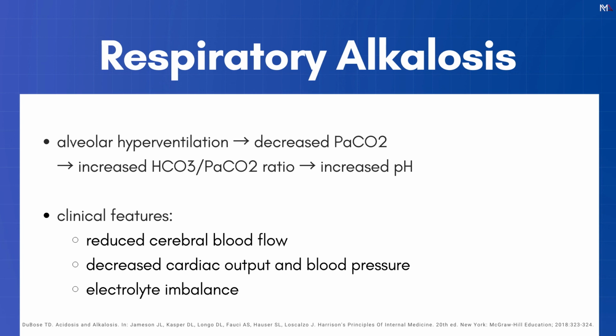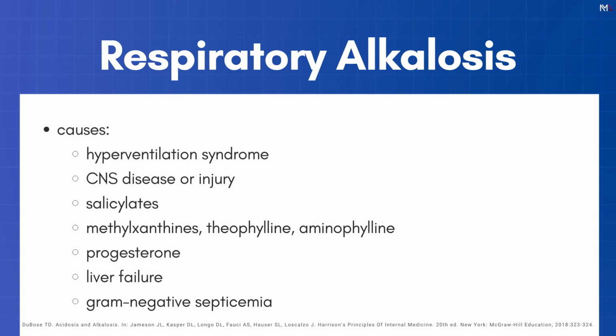well as cardiac arrhythmia due to changes in oxygen unloading by the blood. And electrolyte imbalance in acute cases due to increased proton-bound fraction and intracellular shifts of sodium, potassium, and phosphate. So causes are hyperventilation syndrome, CNS disease or injury, salicylates, methylxanthines, theophylline, and aminophylline, progesterone, liver failure, and gram-negative septicemia.